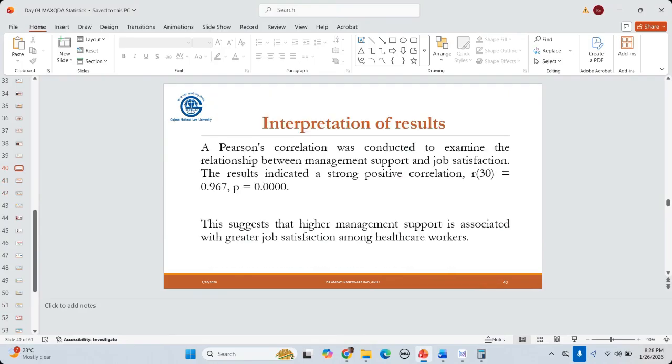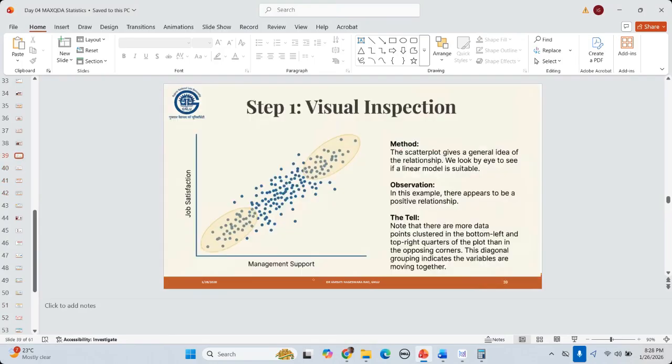Now, when it comes to the linear relationship, if you go to the rest of the tools like SPSS, Jamovi, or any other statistical tool, we have a scatter plot. A scatter plot helps us understand whether there is a positive relationship or negative relationship. For example, if one variable is increasing, is the other variable increasing or decreasing? Like on the x-axis, management support; on the y-axis, you have job satisfaction.